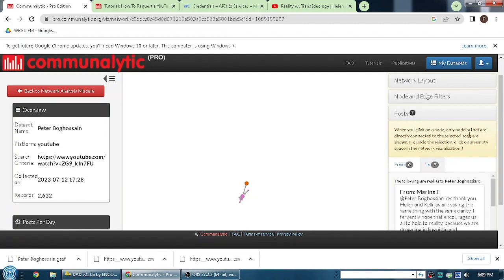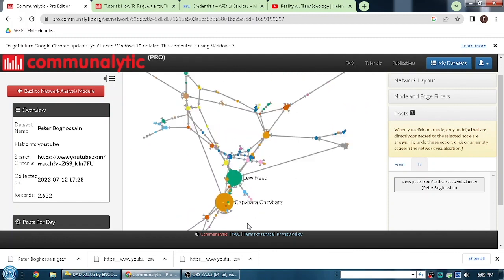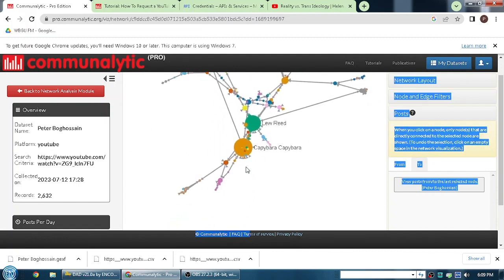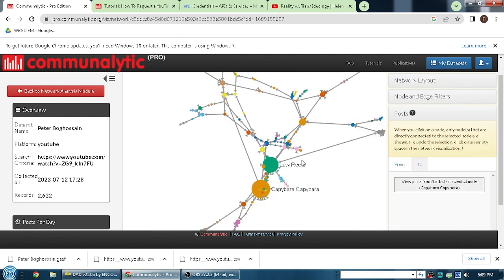So when you click on a node, only nodes that are directly connected to the selected node are shown. So that immediately thinned out what I'm looking at, right? So then you can see, are these people really only just, maybe, this Capybara user and maybe Lou Reed.